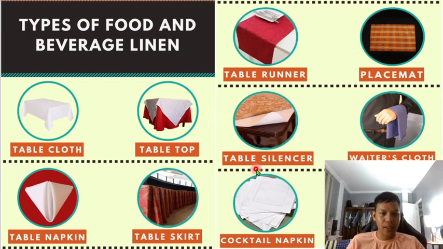And we also have the table silencer. So if we have a table made of wood, for example, we put the table silencer before the tablecloth or top cloth.